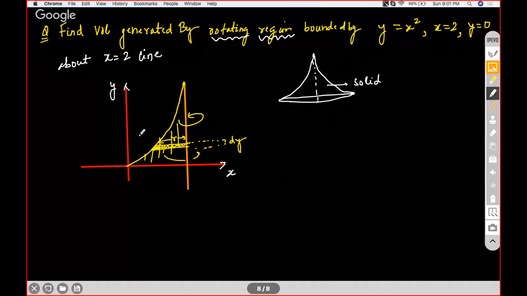Okay, let's say you go a distance of y up. Let's say this is y, and this is your x comma y point. What would be your radius? Tell me, in terms of x.